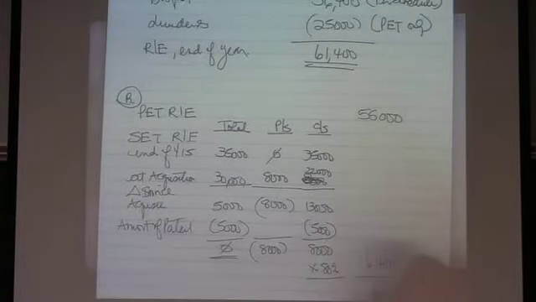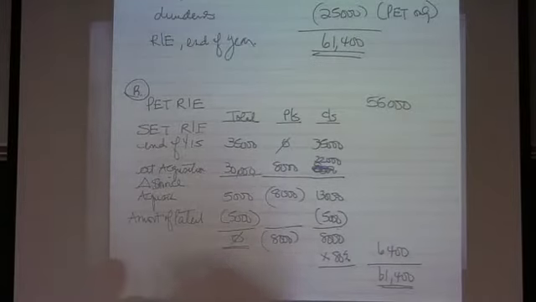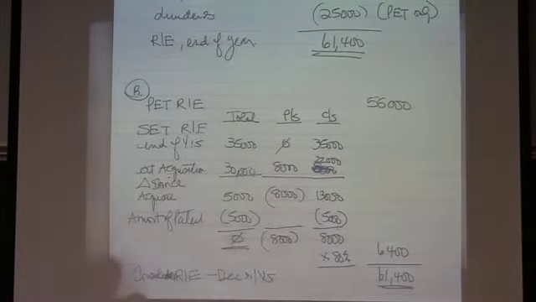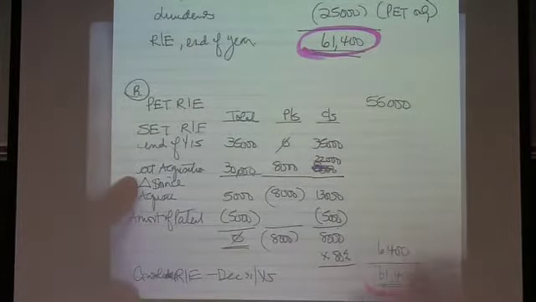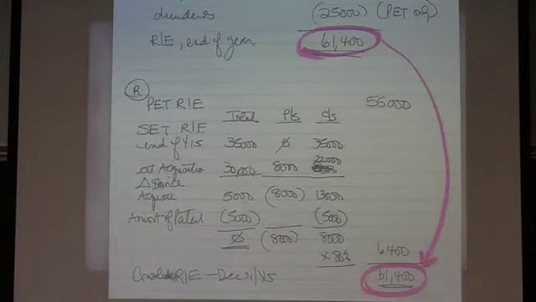So add this up, I get 61,400. So this is the retained earnings consolidated at December 31st, year 5. And this is the same as this number. And this is the proof that this number makes sense.